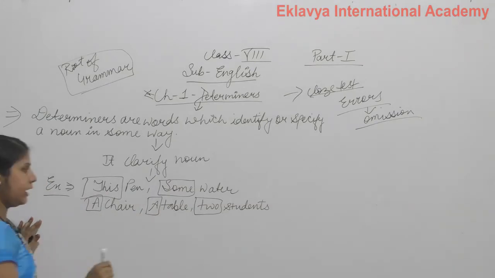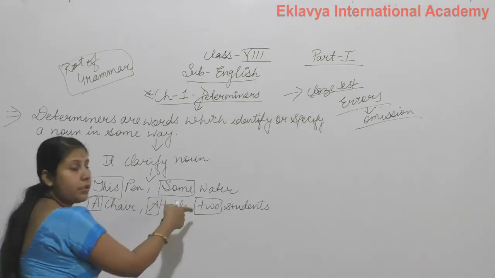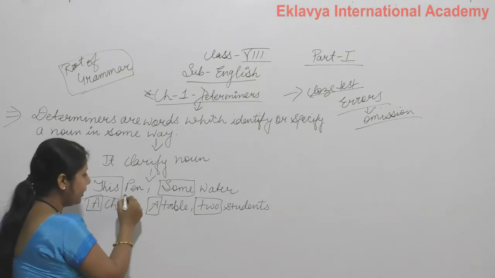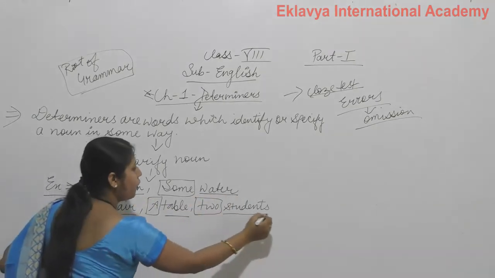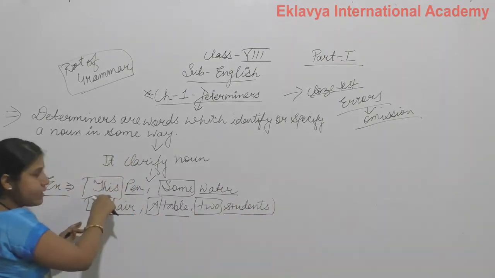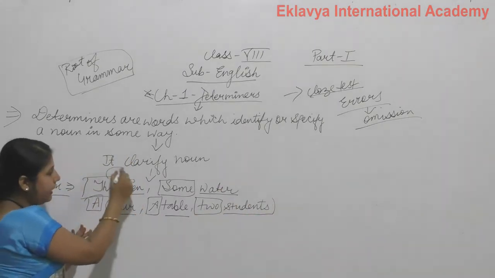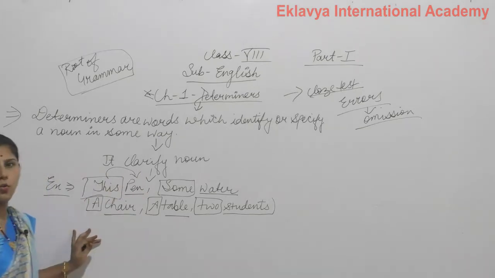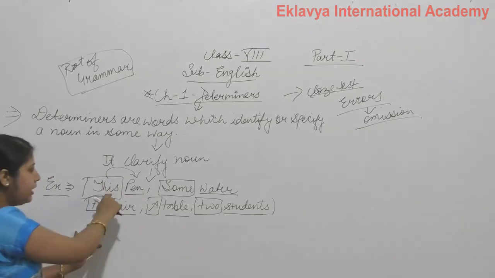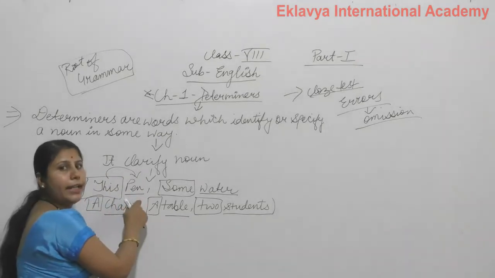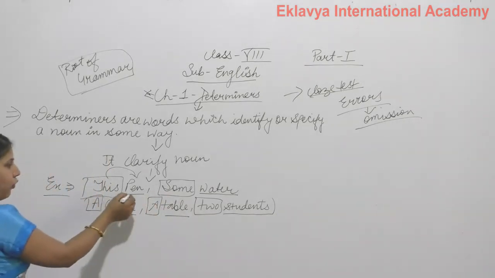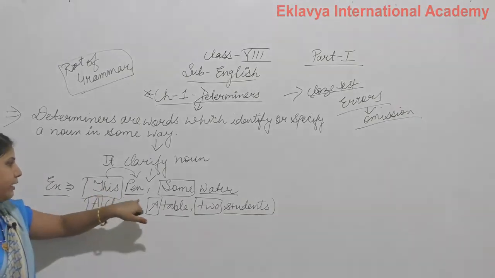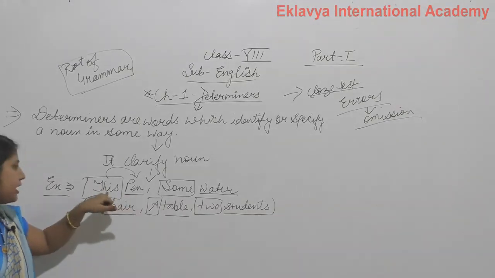But remember one thing: these all are determiners, but these are the nouns. So what is the meaning? These determiners identify this noun, like this pen.